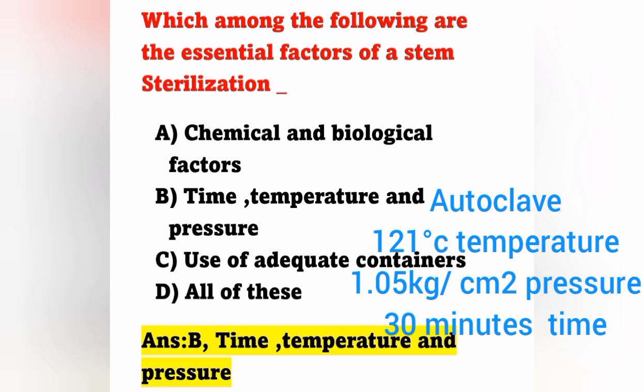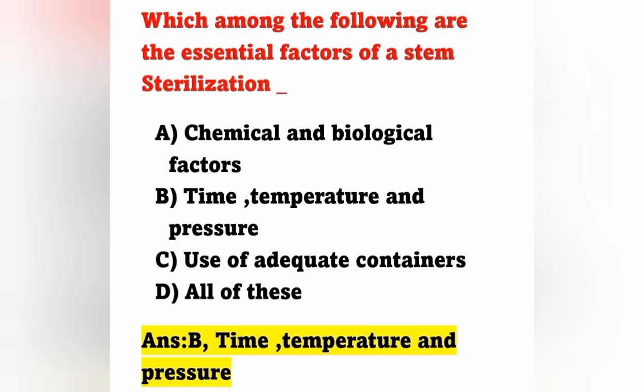For example, autoclaving needs time, temperature and pressure. The temperature for autoclaving is 121 degrees Celsius, the pressure is 1.05 kilogram per centimeter square, and the time needed is minimum 30 minutes. If the pressure is increased, then the exposure time can be reduced in the autoclave.